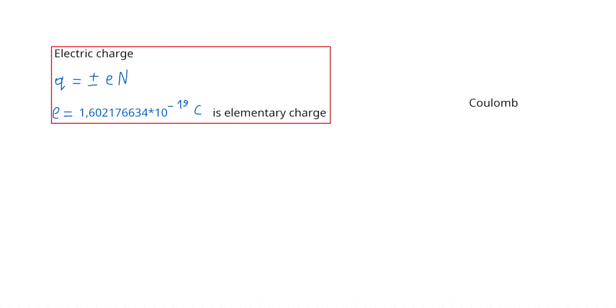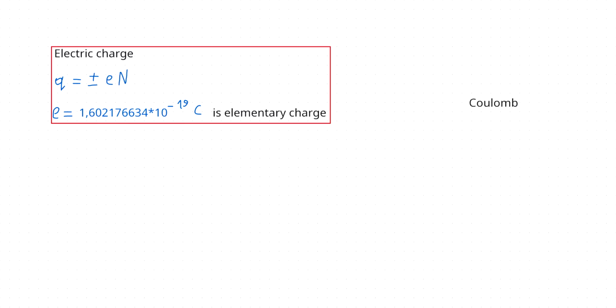charges with the same sign repel from each other, and charges with different signs, plus and minus, attract to each other. And the question is how to define this interaction, how to find the force of this interaction.